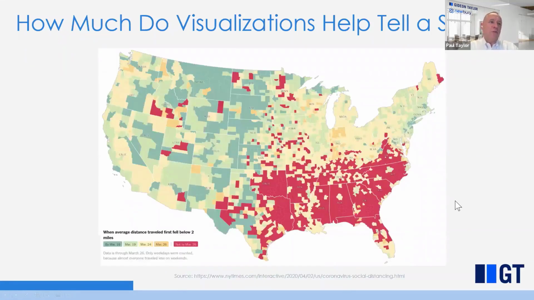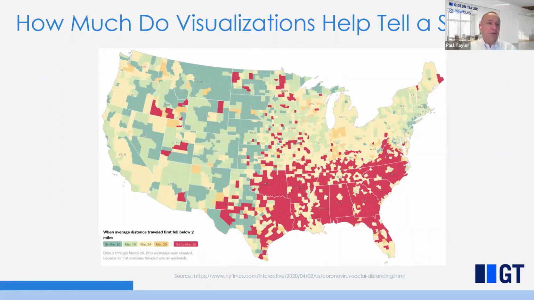Imagine how difficult it would be to get the information from this graphic if you were just looking at the data in a chart. If you were looking at county-level data of average distance traveled, and this is showing when the average distance traveled first fell below 2 miles, and these different colors are different dates, you can imagine this would be an incomprehensible table if it was just a table of data.